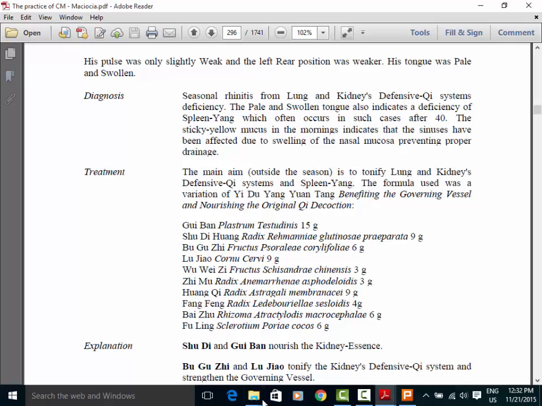Pretty similar treatment actually, not too different, except he's using some other herbs to tonify spleen a little bit. So if we're talking about acupuncture between the last case and this case, major points to work with the lung, we may choose lung 9, we may choose UB13 for the kidney, kidney 3, UB23, tonify kidney, right?